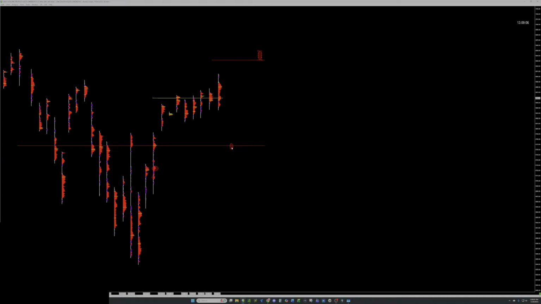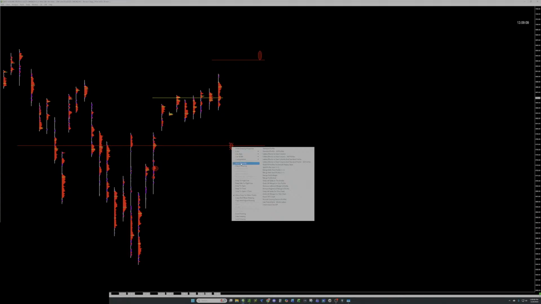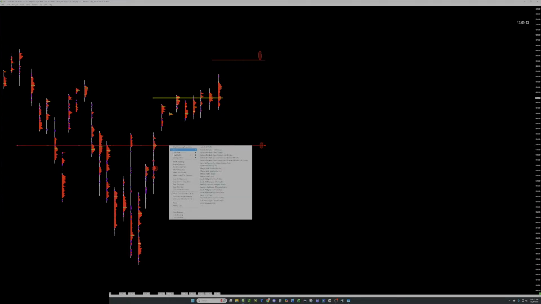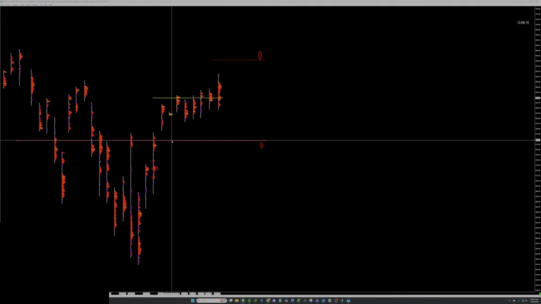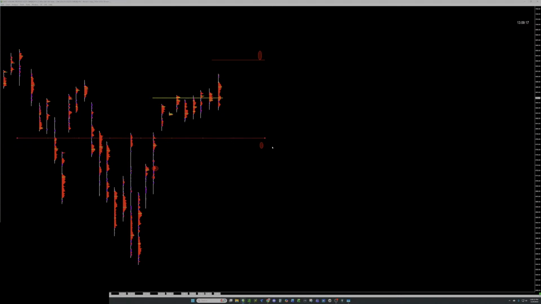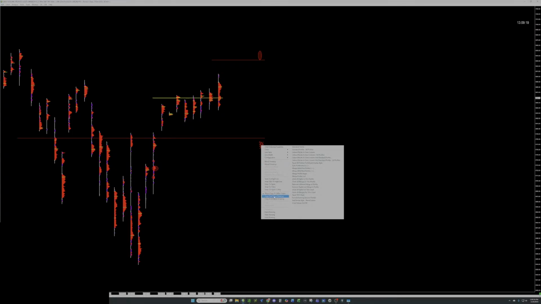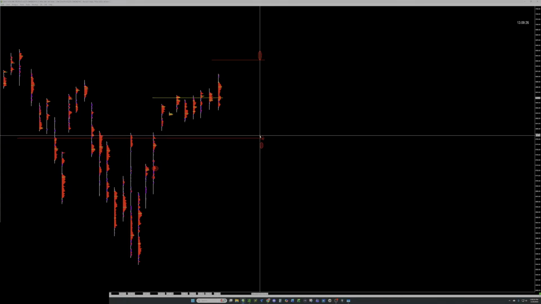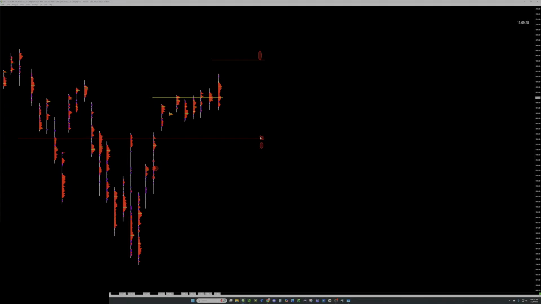Okay? So as long as the market doesn't take these areas, because these areas act or behave like magnets, not for every kind of market.